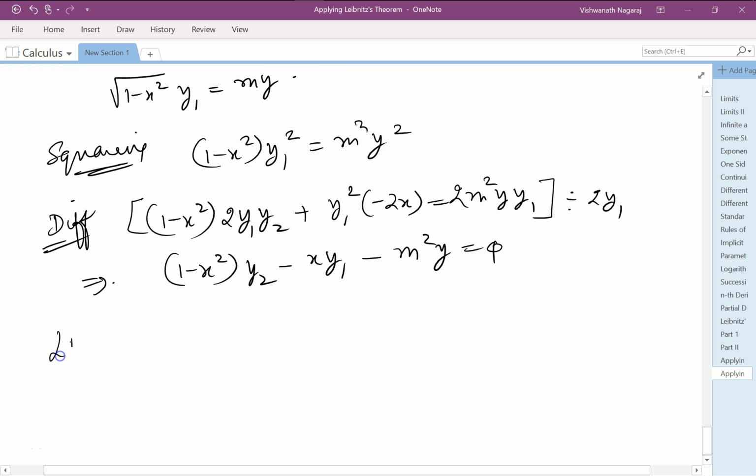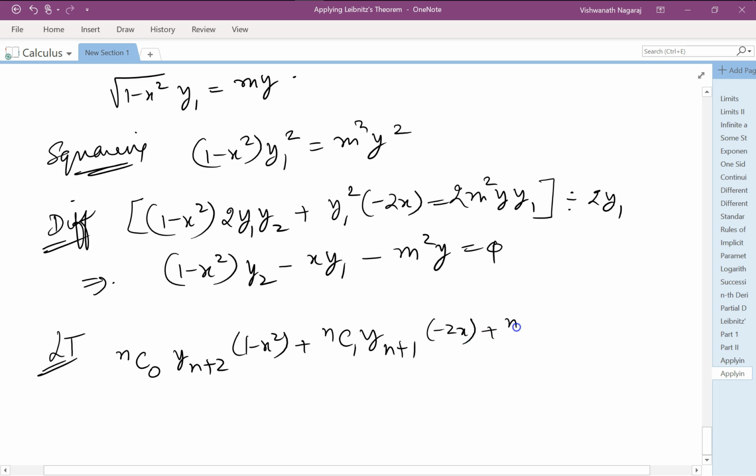Now we can apply the Leibniz theorem. So nC0 yn plus 2, 1 minus x square remains as it is, plus nC1 yn plus 1, reduce it by 1 and differentiate 1 minus x square, so minus 2x, plus nC2 yn times minus 2.